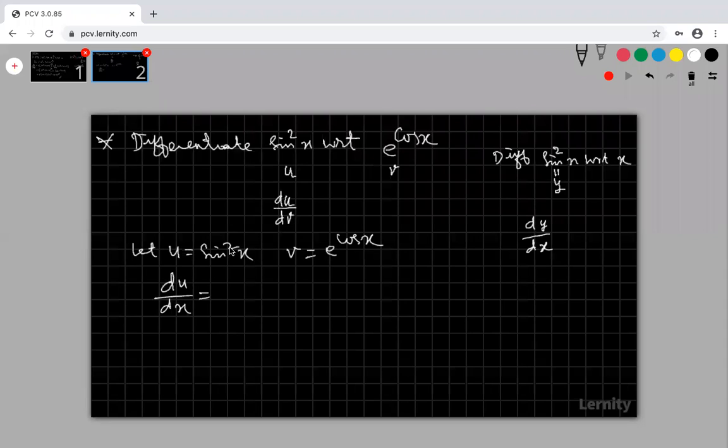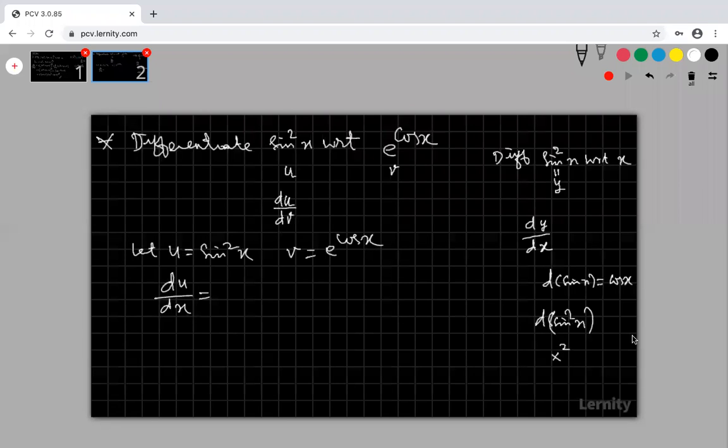How to differentiate? The differentiation of sin x is cos x. But for sin²x, please try to understand, you first take this sin x as some x, like x². You have to apply the x^n formula.